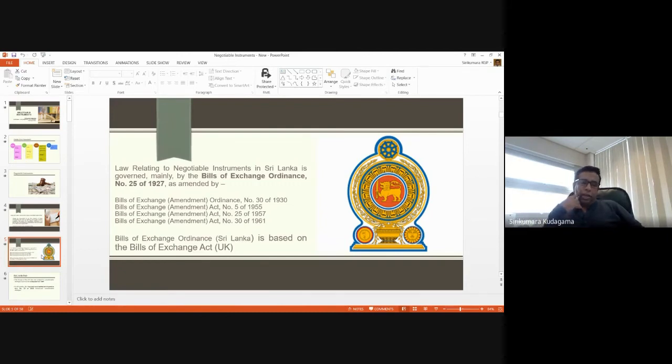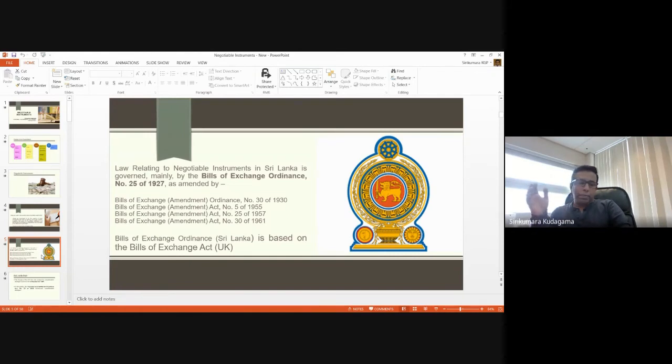And what is most important for me to highlight here is that Sri Lanka's Bills of Exchange Ordinance is based on the English statute, which is the Bills of Exchange Act of the UK. Now, the Bills of Exchange Act of the UK and the Bills of Exchange Ordinance of Sri Lanka are basically carbon copies.